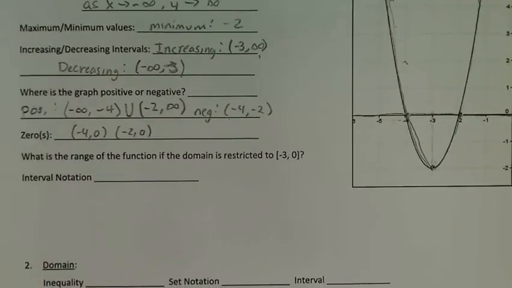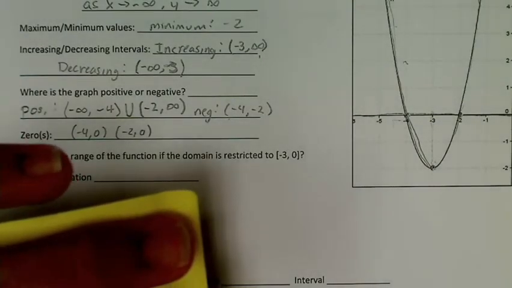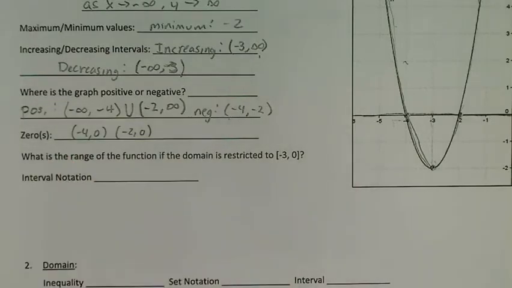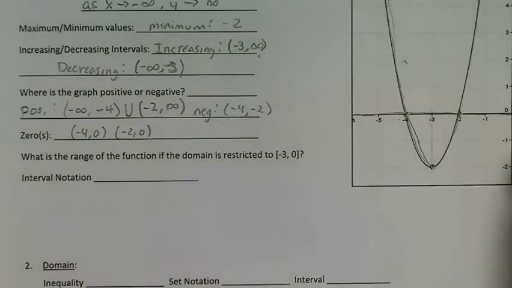Okay, now this next question is a little interesting because it says, what is the range of the function if the domain is restricted to -3 and 0? You know what? Let's change this because I can't see what the y value is when x is 0.